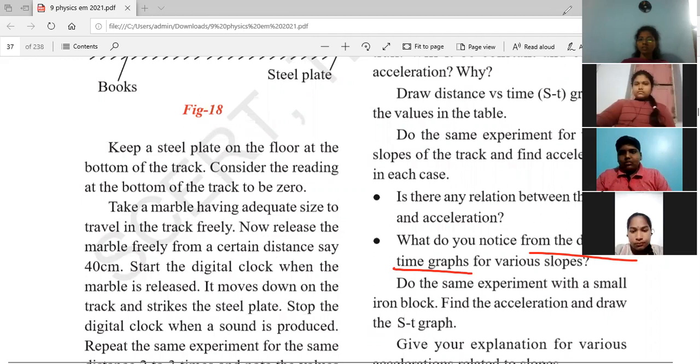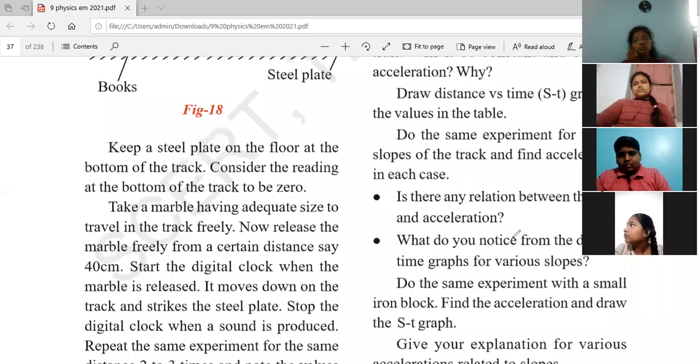When we draw the graph here, what information will we get from this? What will we observe? Tell me fast.